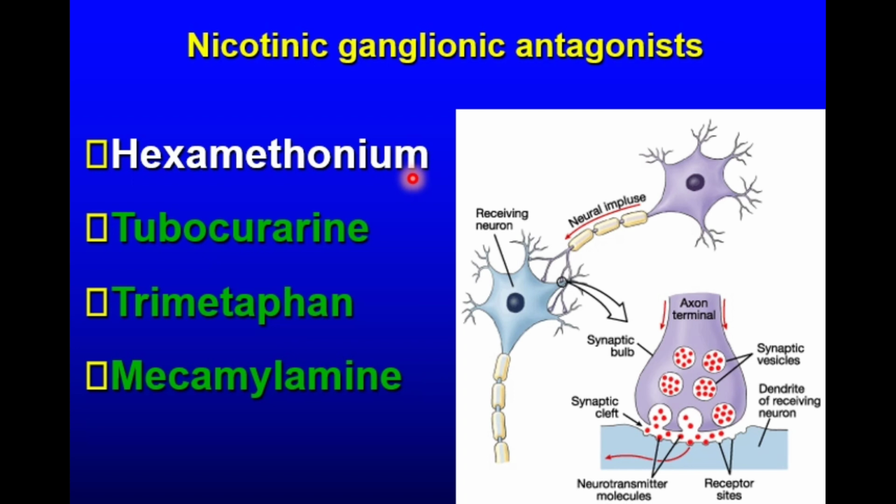It has no effect on nicotinic receptors at the neuromuscular junction. These drugs block transmission through all ganglia, both parasympathetic and sympathetic, and also at the adrenal medulla.